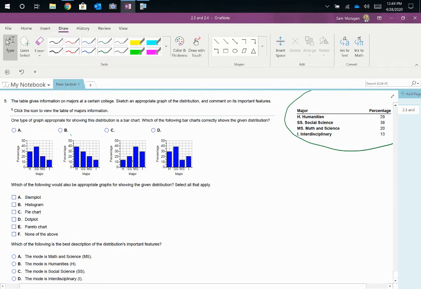The table gives information on majors at a certain university, college. Sketch an appropriate graph to describe the distribution and comment on its important features. So look at the ranking here, this being 1 based on percentage, 2, 3, 4.